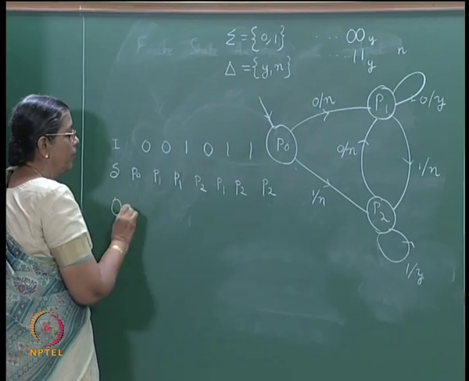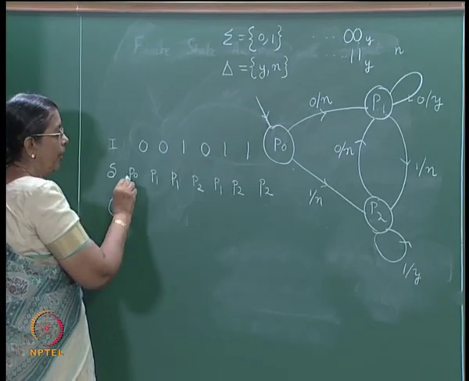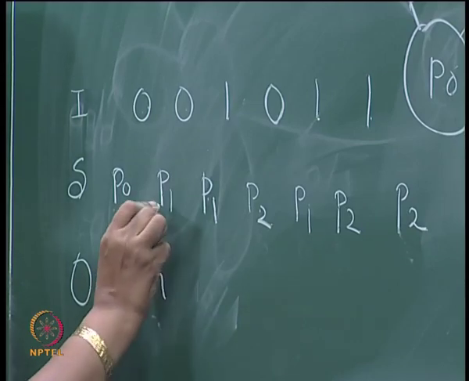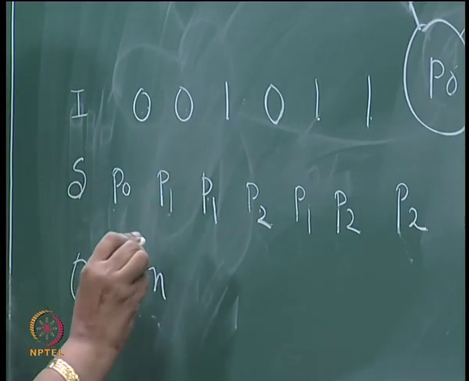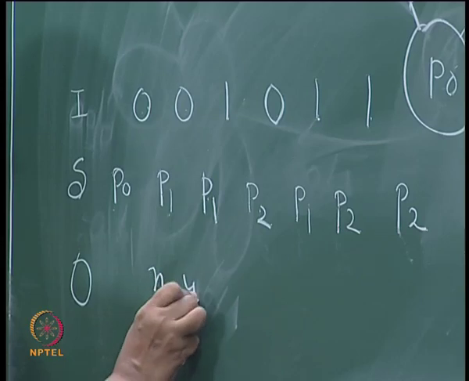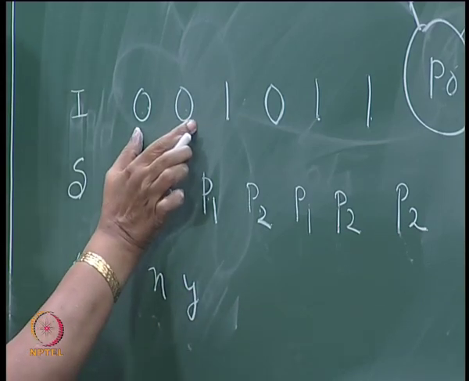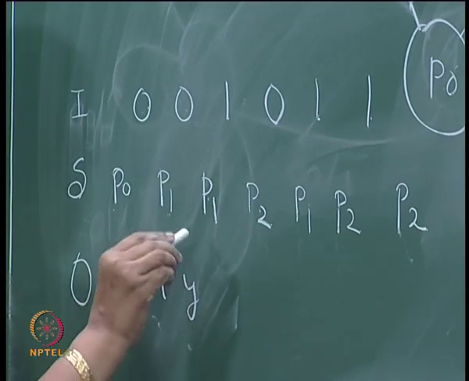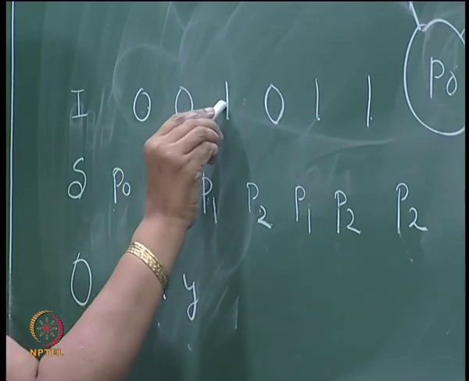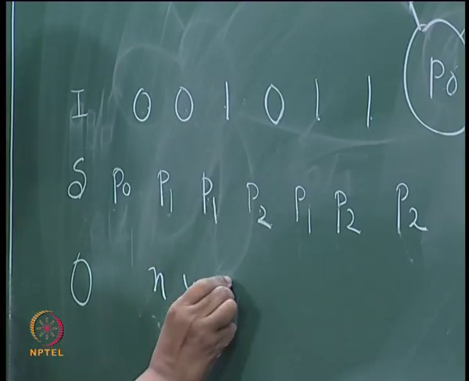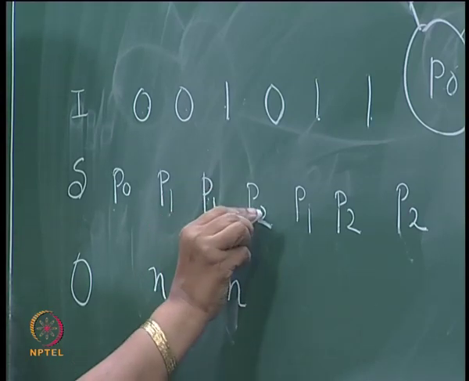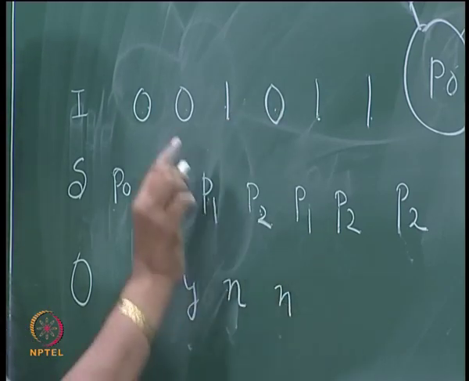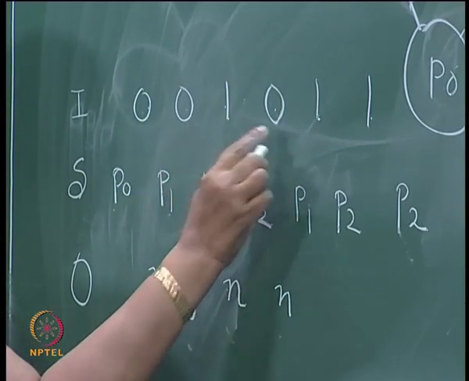What will be the output sequence? When you get a 0 in P0, you output a no, then 0 in P1, you output a yes. So, when the last 2 symbols are 0 and 0, you output a yes. Then 1 in P1 will be a no, 0 in P2 will be a no, the last 2 symbols are not the same.